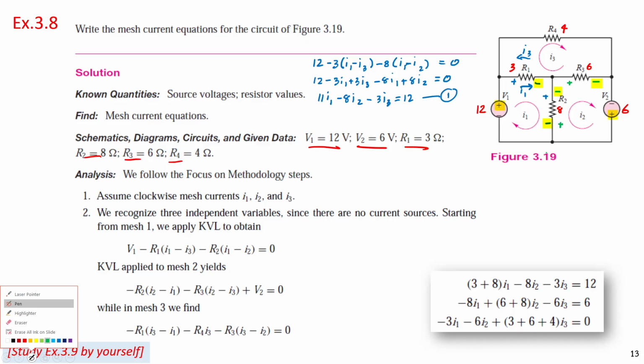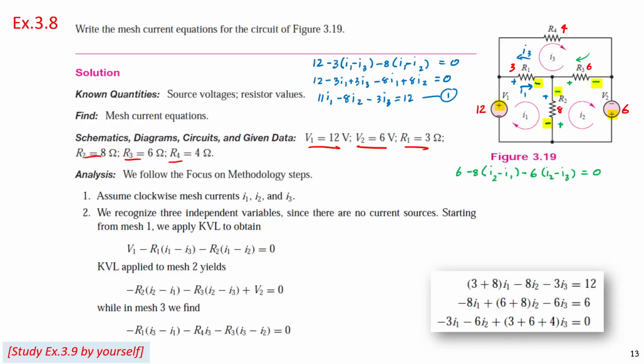Then our second equation will be plus 6 volt minus 8 into I2 minus I1, minus 6 into I2 minus I3, equal to 0. I3 will be in this direction.